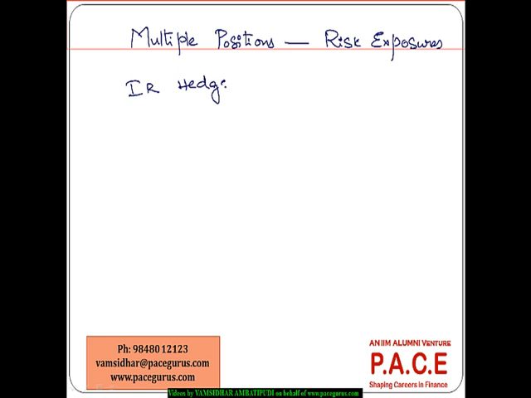Now, if there are multiple positions with the same counterparty but different risk exposures, another scenario. Let's say A and B have got into an interest rate hedge, and let's say a forex hedge, a foreign exchange hedge.